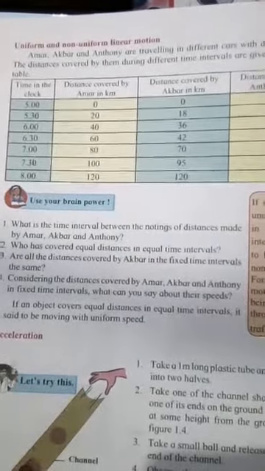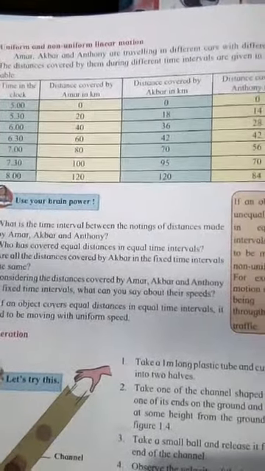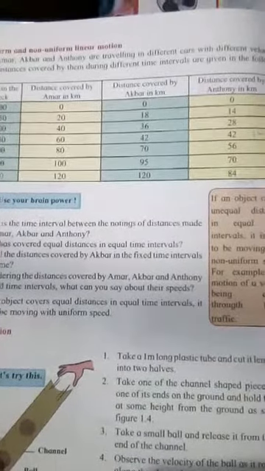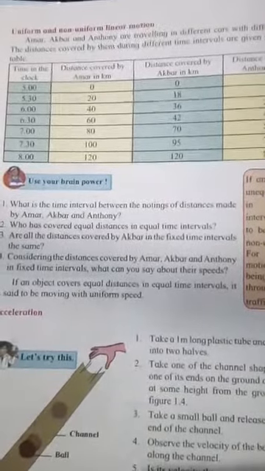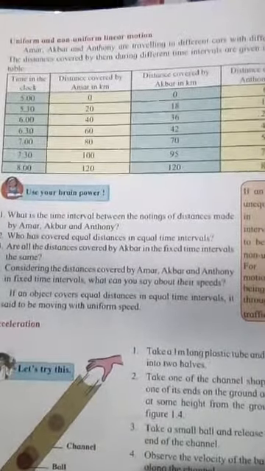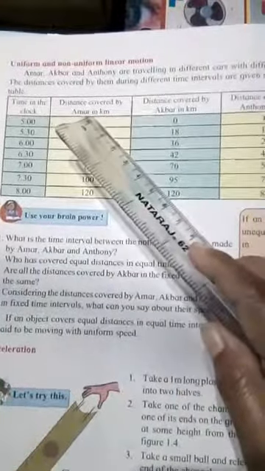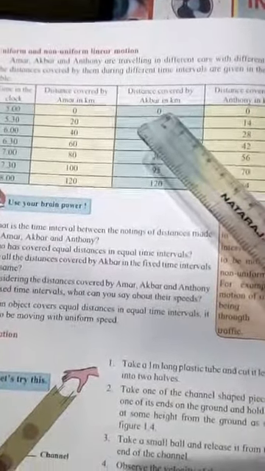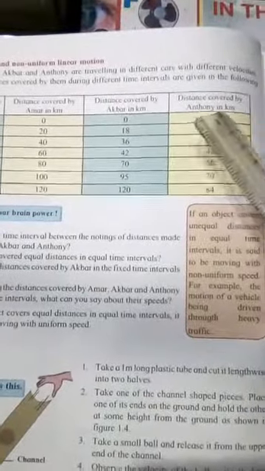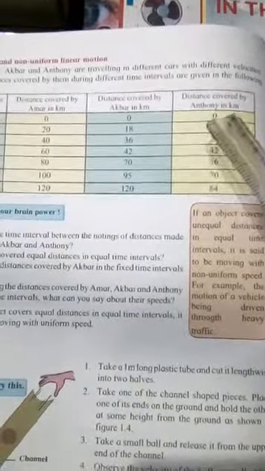The distances covered by them during different time intervals are given in the following table. In the first column we have given time in clock, then the second one is distance covered by Amar in kilometers, then distance covered by Akbar in kilometers, and distance covered by Anthony in kilometers.